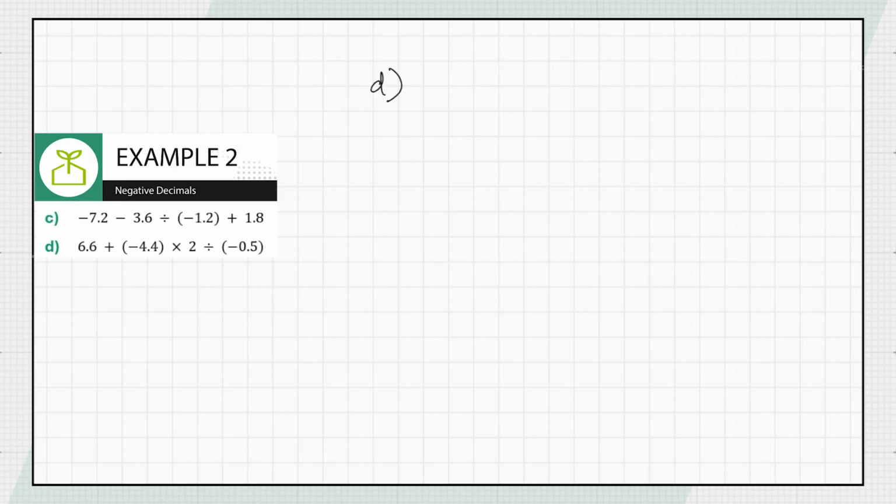Alright, here's our final one, D. We have 6.6 plus negative 4.4 times 2 divided by 0.5 or minus 0.5. Alright, so we're going to do our multiplication first, then our division, and finally our addition third.